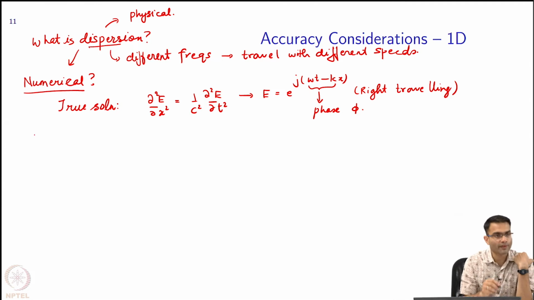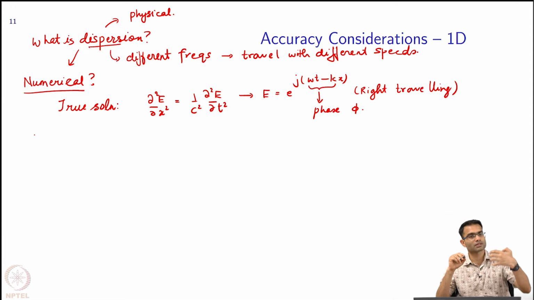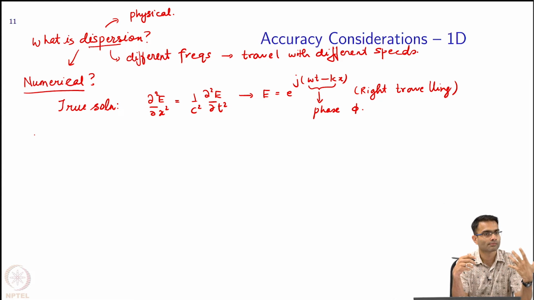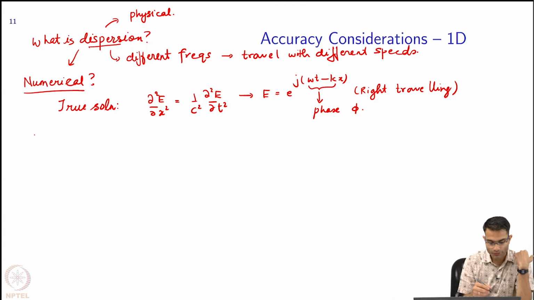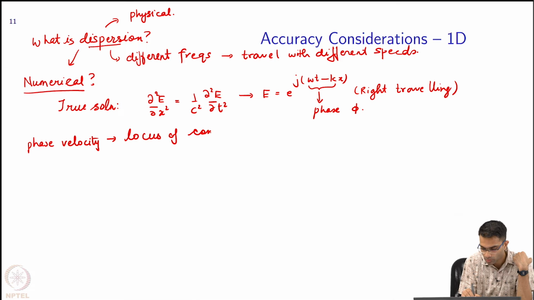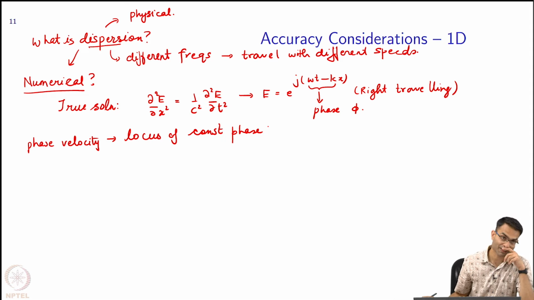So, if I want to find out at what speed this wave is traveling, then what is that physically known as? What is phase velocity defined as? Right. So, phase velocity is the locus of constant phase. How do I obtain this? Right.